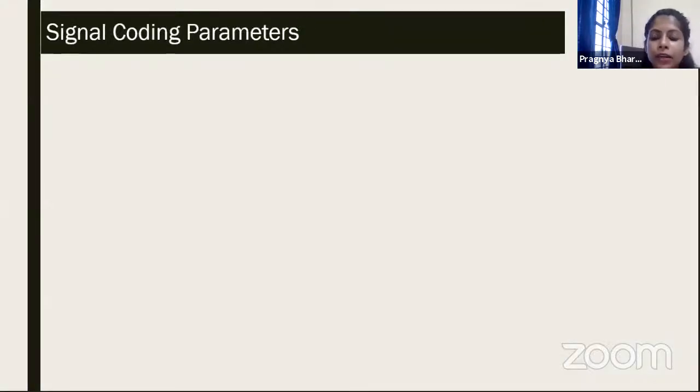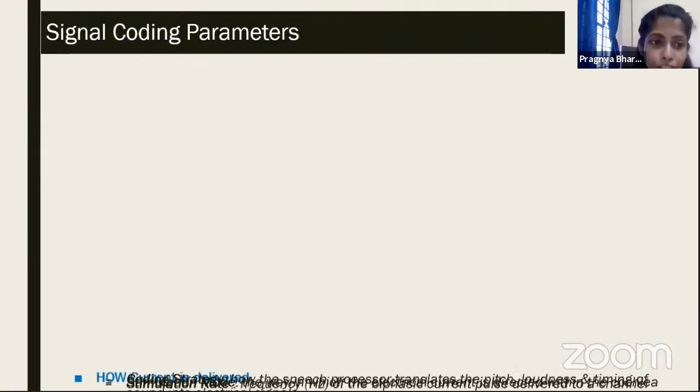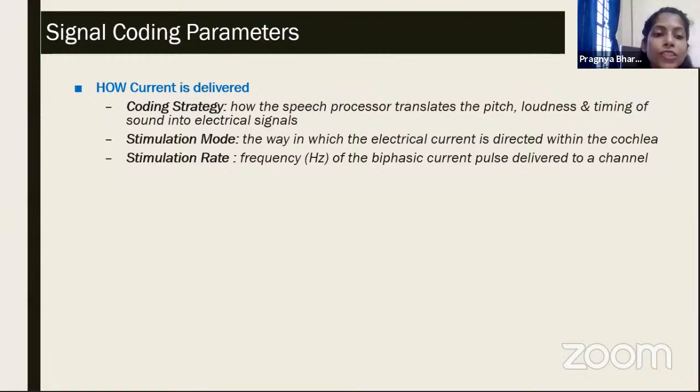To describe the various signal coding parameters, we can group them in a way that they answer a few of our coding questions. First is how the current is to be delivered. How the current is to be delivered is determined by three things.